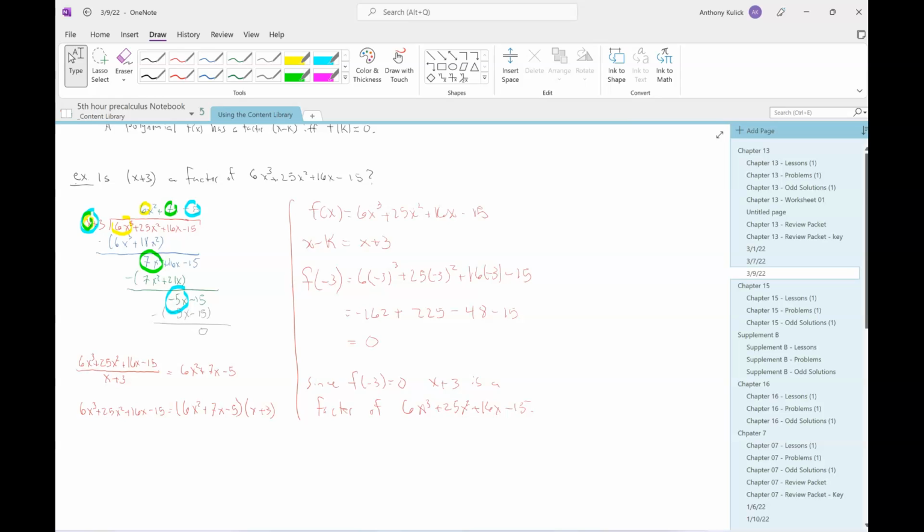What we'd like to do is marry these two methods together so that we can do something that's easier than the long division, but also still get the other factor that goes with it. Okay with that?